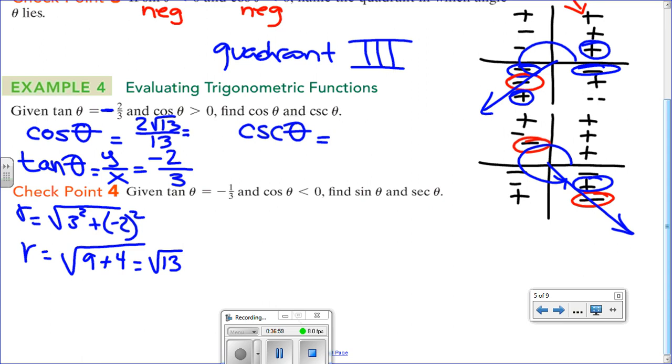That's a 3. Oh, you said 2. It's a 3. Oh, 3 square root of 13 over 13. I got it. Miss, I said 3 though. I said 3 square root of 13 over 13.